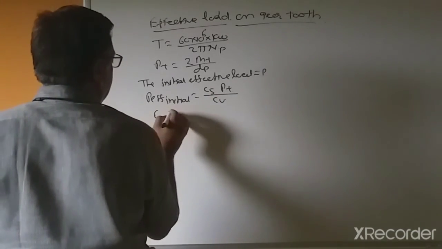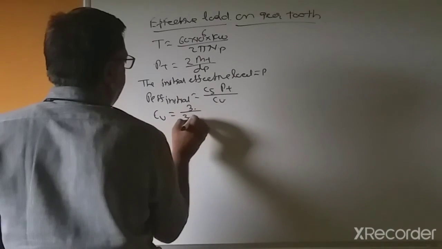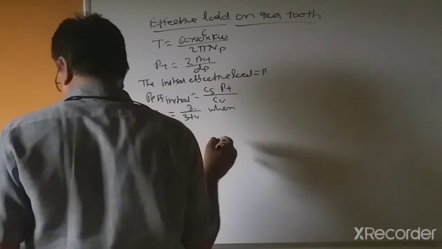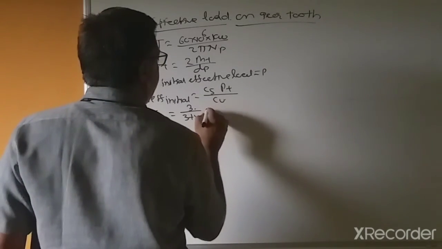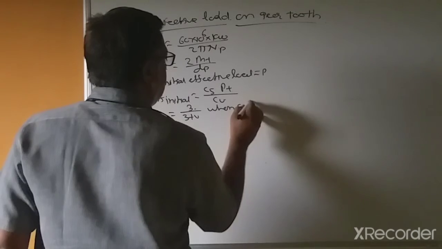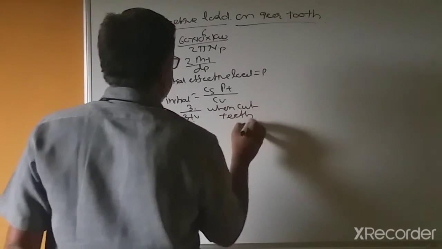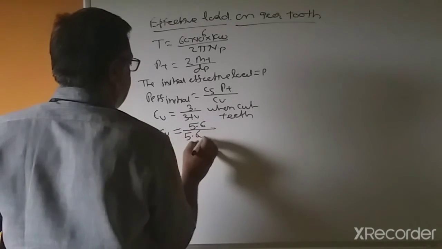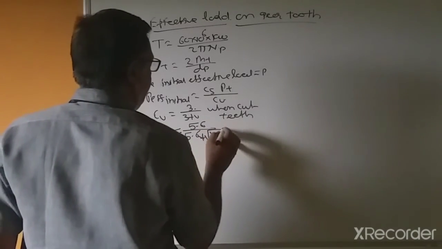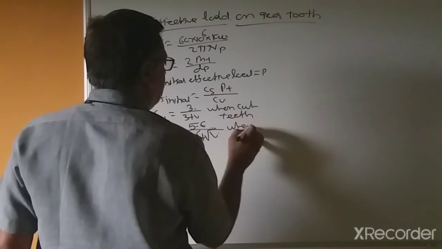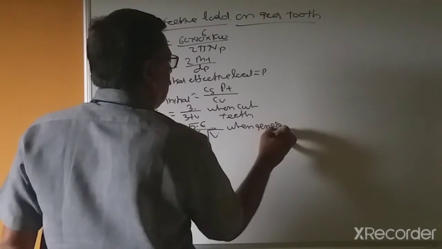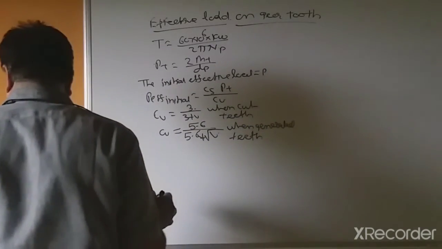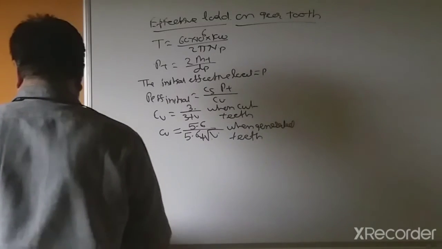So CV equal to 3 divided by 3 plus V, this is for cut teeth, and CV equal to 5.6 plus under root V when generated teeth, so for generated teeth we can use these relations.